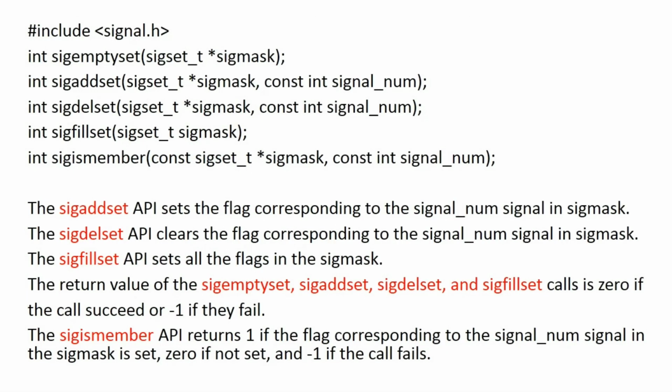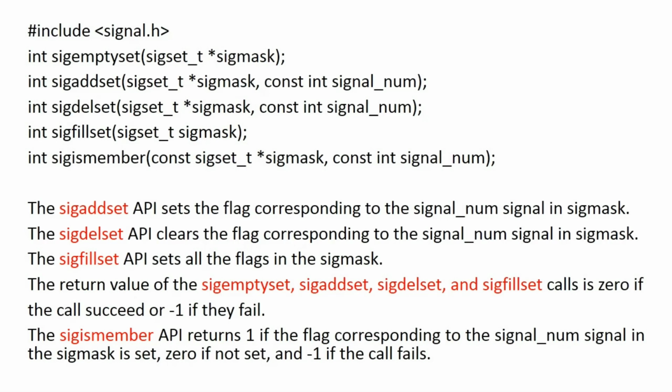So here there are different APIs defined to query the signals. The first one is sigemptyset, second sigaddset, sigdelset, sigfillset, and sigismember. The first one, sigemptyset, you are going to clear all the signals pending.